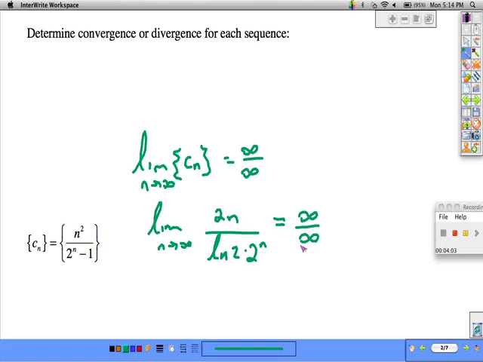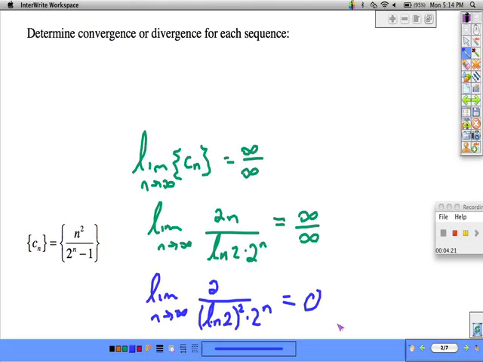So we can apply L'Hopital's rule again. And this ends up being 1 over infinity, which does converge to 0. So this sequence, n squared over 2 to the n minus 1, will converge to 0.